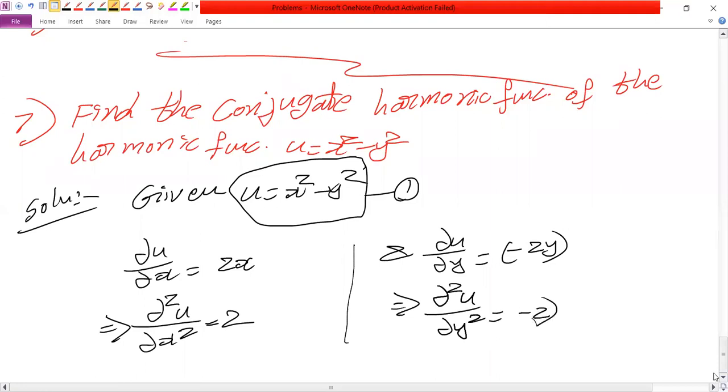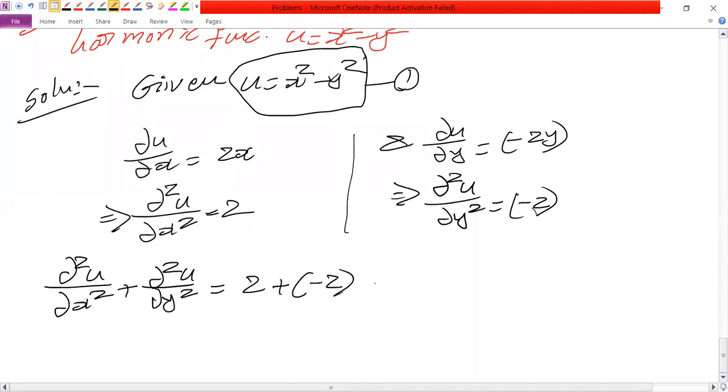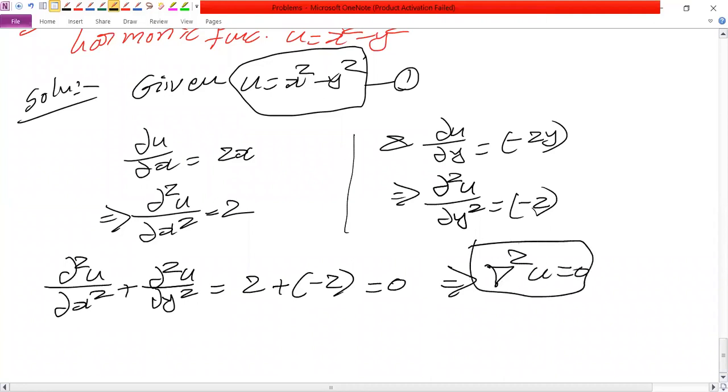Now, when can we say u is a harmonic function? If dou square u by dou x square plus dou square u by dou y square is equal to 0. What is the dou square u by dou x square value? 2, plus dou square u by dou y square is -2. So how much are we getting? 0. That implies, del square u equals 0, Laplacian equation satisfied.